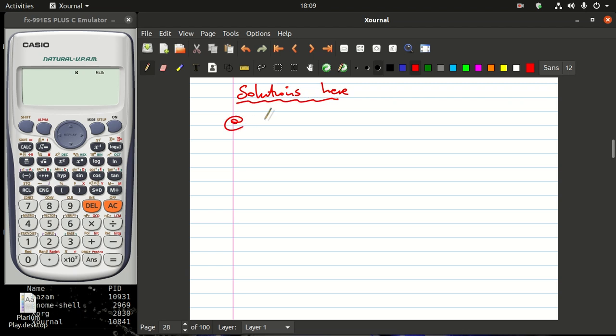So A is saying that find the limit as x approaches infinity of 3x cubed plus 5x squared minus 7 all over 2x cubed minus x plus 4.